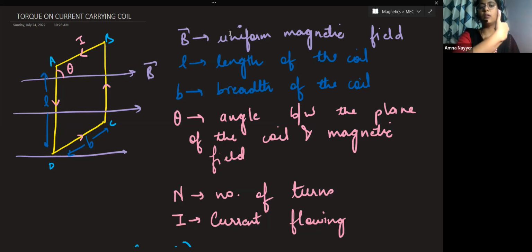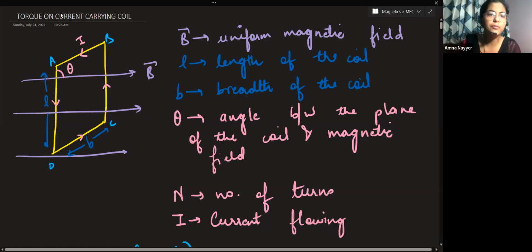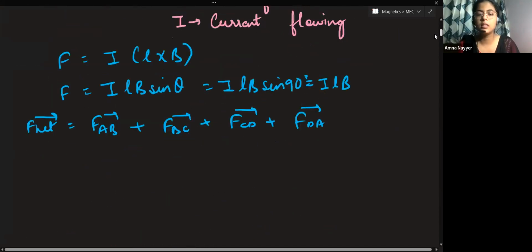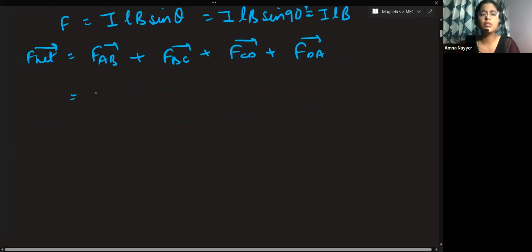So thumb is pointing where? Upwards. Means the force acting on FAB, the unit vector will be J cap. So let me write ILB, it will be J cap.